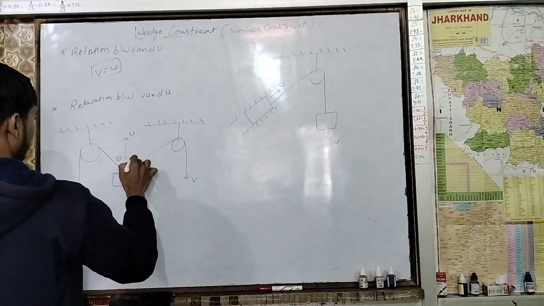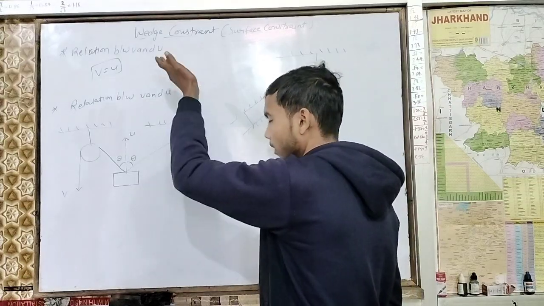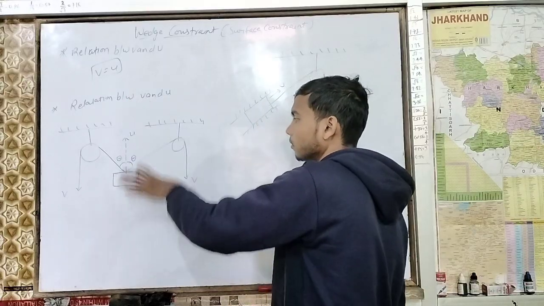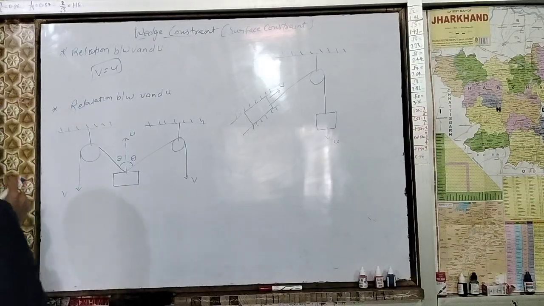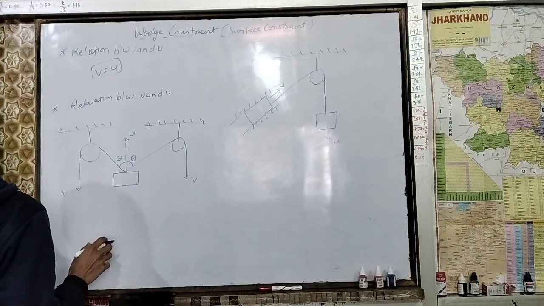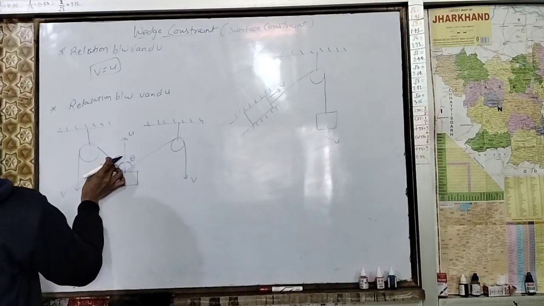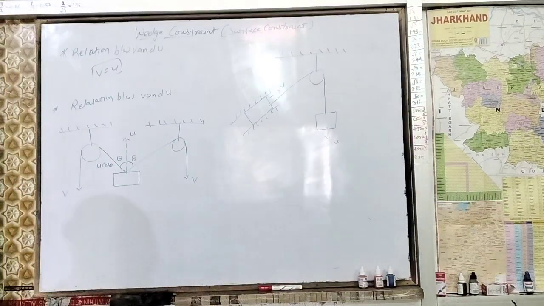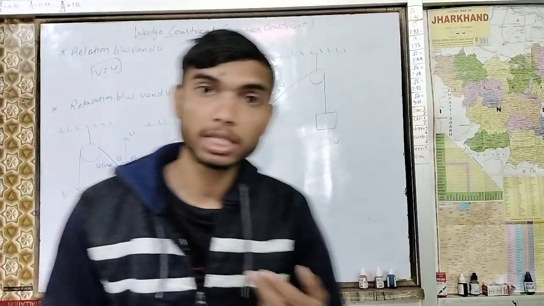The question is asking with how much velocity this block will go upward when these two strings are going downward. First of all, according to this theta, one component will be our U cos theta. The same U cos theta will also be for this string, because the velocity is the same.